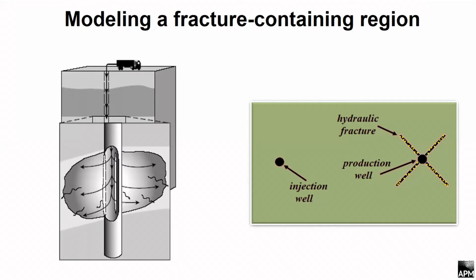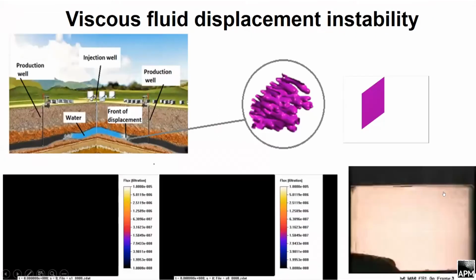In the area under consideration, there are an injection well, a production well, and the presence of hydraulic fracture in the area is possible. One of the difficulties of multi-phase filtration is the displacement instability. When a more viscous liquid is displaced with a less viscous one, the displacing liquid tends to break through the displaced layer, forming channels called viscous fingers in it.